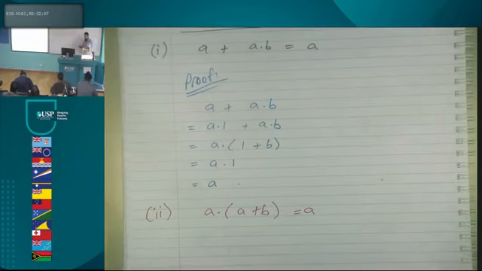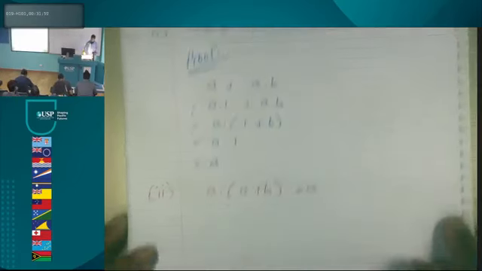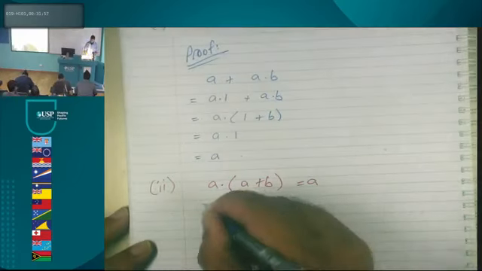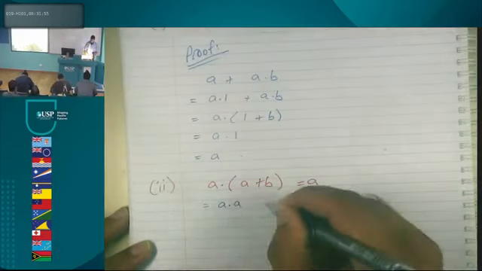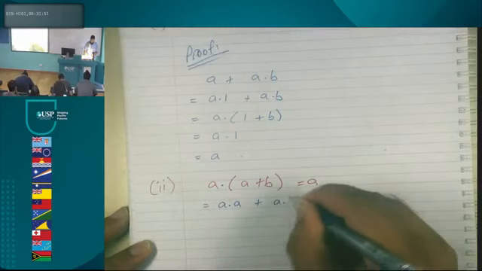Same thing, similar to before. Remember, every theorem has got two versions. One is the AND version and one is the OR version. Okay? So you have A and A or A and B.